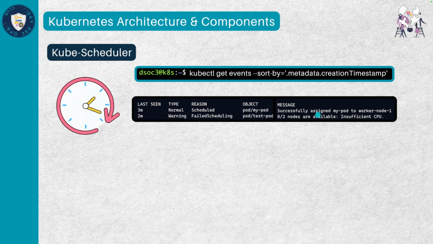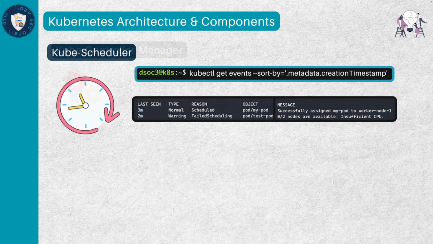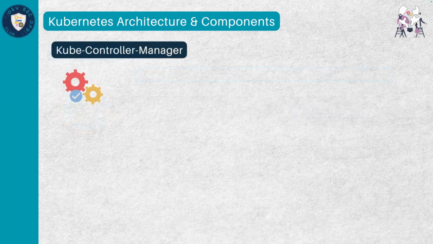It says successfully assigned my pod to worker node 1, then a warning, failed scheduling because of insufficient CPU. These are the tasks of the scheduler, and we can see them in the events. Then next we have the Kube-Controller-Manager.